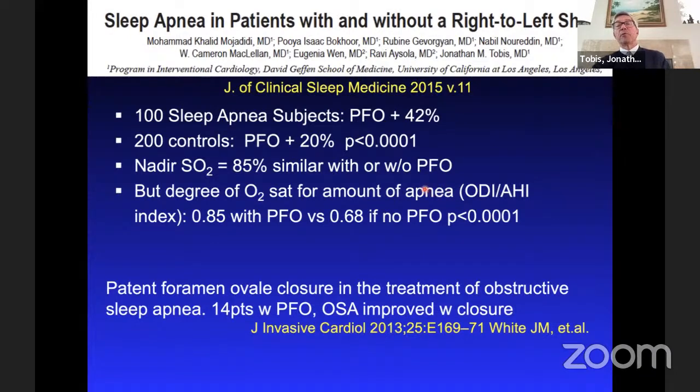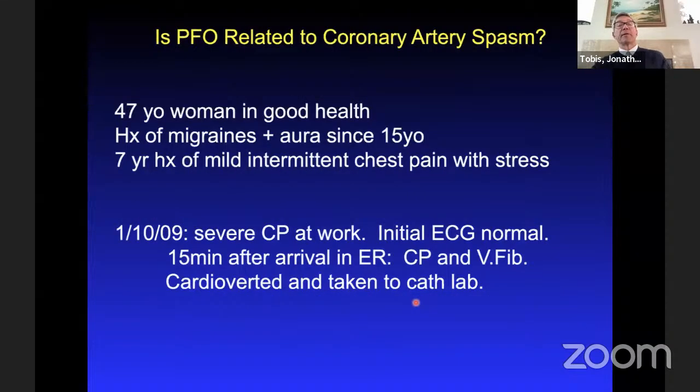So people with PFO and sleep apnea get more symptomatic at an earlier stage in their obstructive sleep apnea. Then there's been one trial, a small number of patients, where they closed the PFO in patients with obstructive sleep apnea, and the sleep apnea improves because they're getting better oxygenated, so their sleep is better.